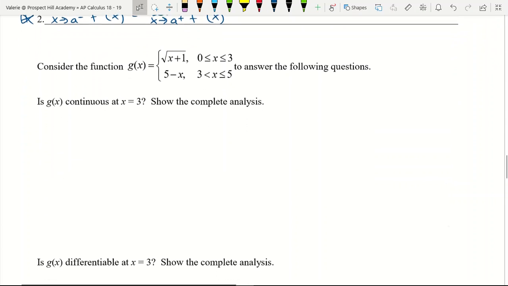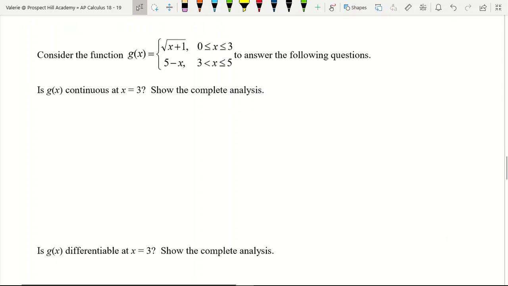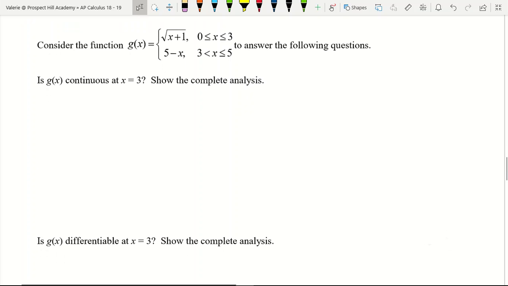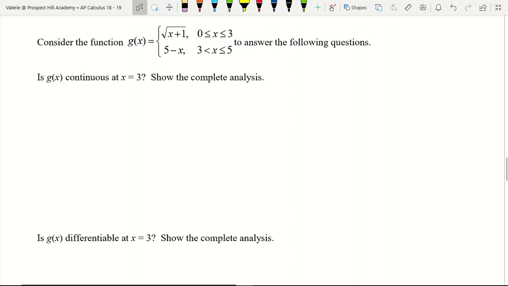All right, so let's look at this piecewise function here. We're going to do 2 more problems. So looking at this piecewise function, we want to consider g of x and see if g of x is continuous at 3 and if g of x is differentiable at 3.